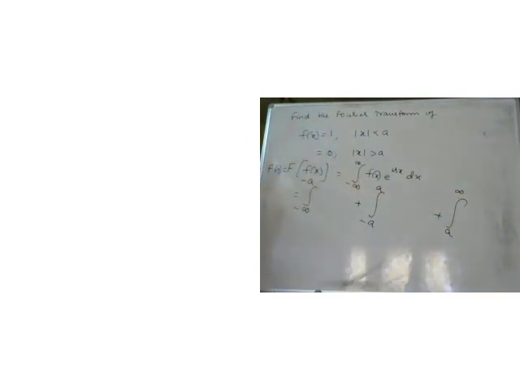Correspondingly, we split this integral also. We split it as the integral from minus infinity to minus a, minus a to a, and a to infinity. So we split the integral in this format, three parts. From minus infinity to minus a, the function is taking 0.